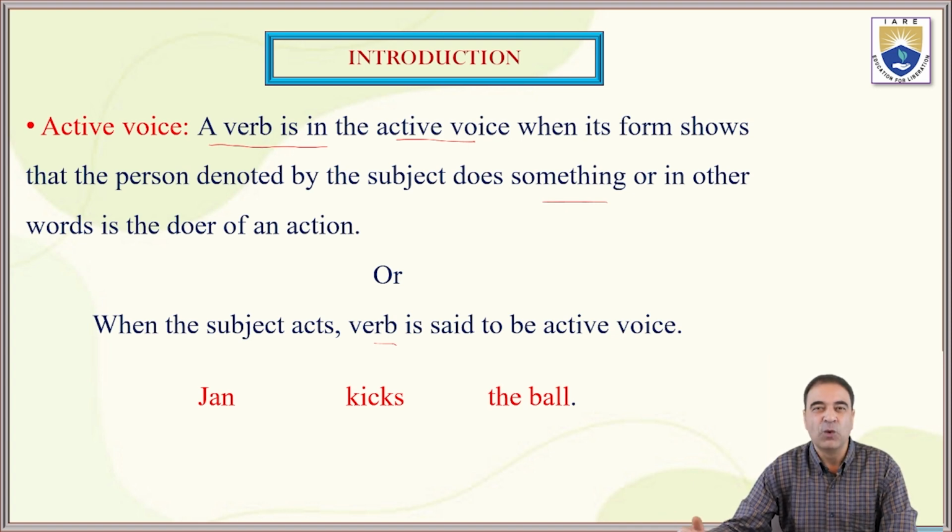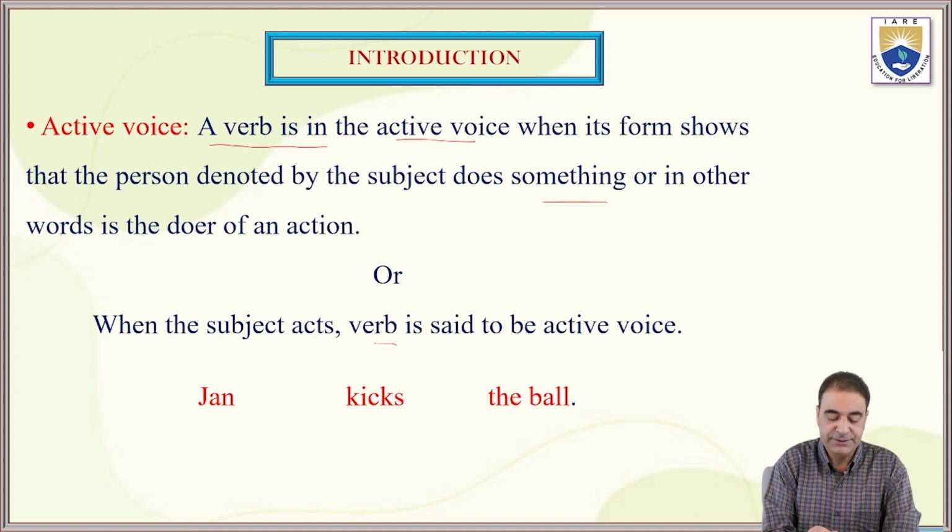Or what is active voice? To make it more simple, active voice is when a subject acts, the verb is said to be in the active voice. Remember, when a subject acts, the verb is said to be in active voice.